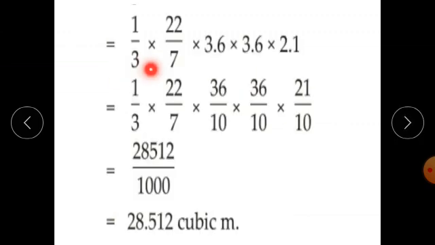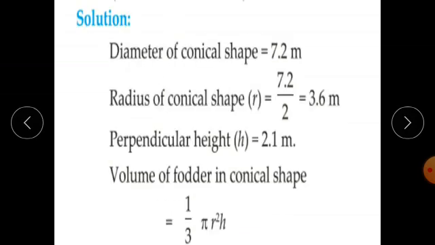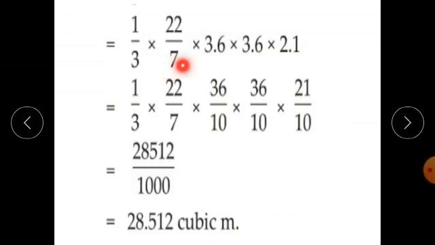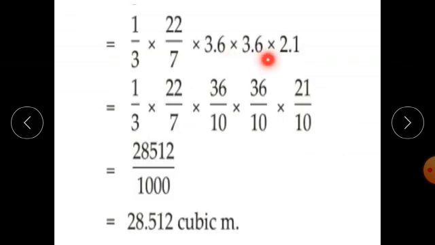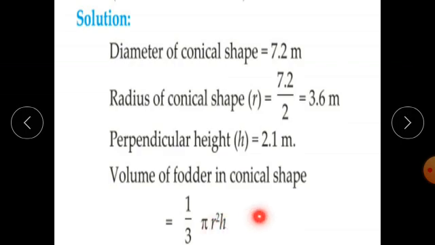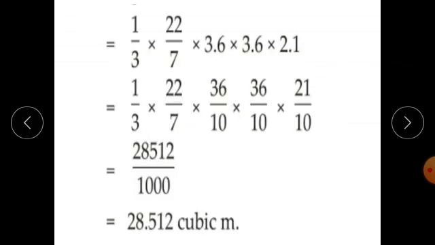So 1 upon 3 into pi is 22 upon 7, r is 3.6, so r square means 3.6 into 3.6, and height is 2.1. So 3.6 we can write as 36 upon 10, and 2.1 we can write as 21 upon 10.